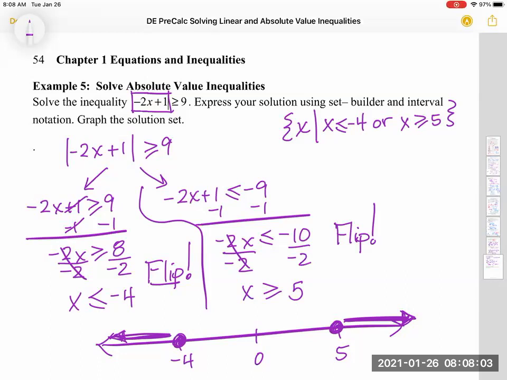Interval notation: you have to do two intervals, right? We always go left to right. So negative infinity up to negative 4, put a bracket on that one because you have a closed circle, in union with bracket 5 to positive infinity.